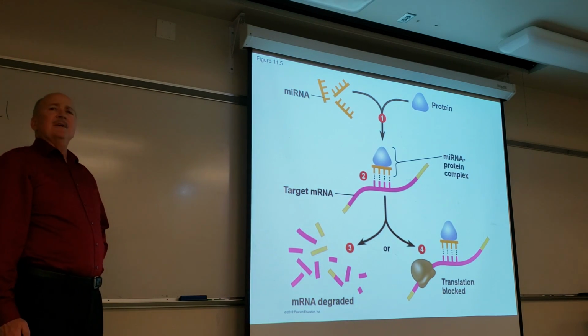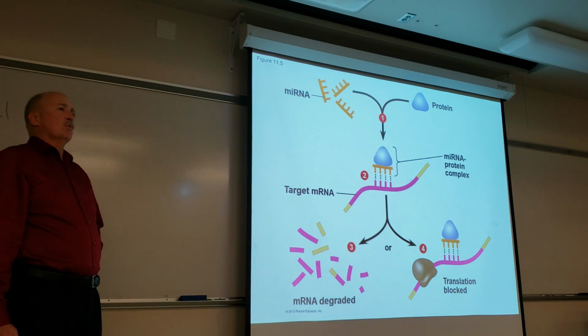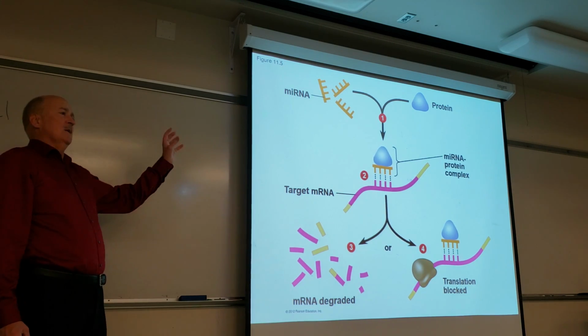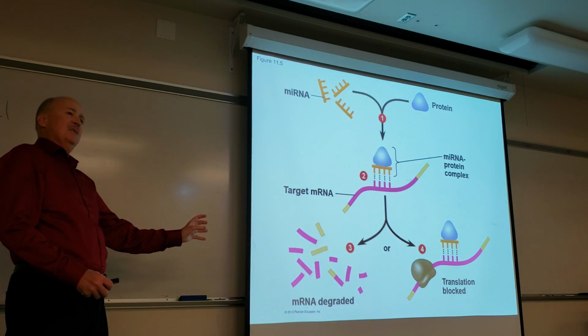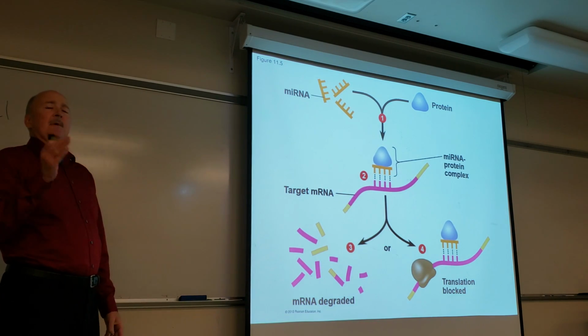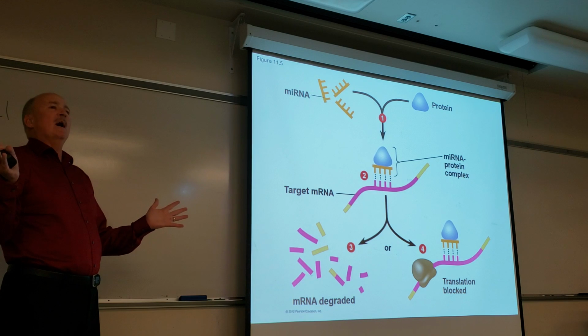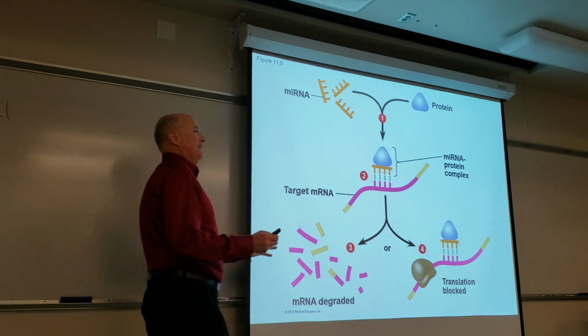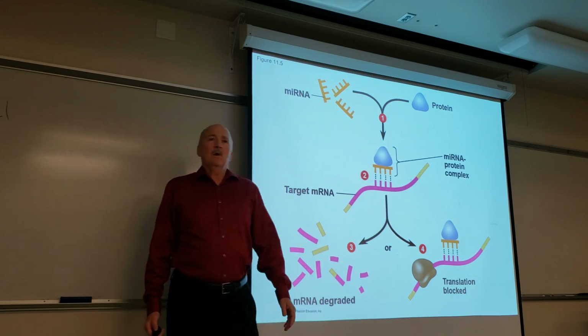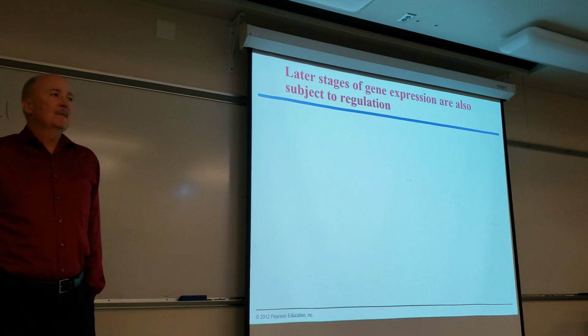So this is part of the sophisticated control of gene expression. Remember, gene expression is taking us all the way from having the gene in the DNA to having a functioning protein. There are many different points in the various processes in between that can be sped up or slowed down. Here's an example where we slow down a process.